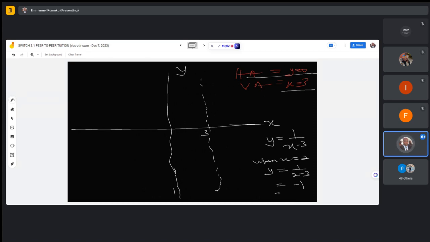So the point is 2, negative 1, not 3, negative 1, since we picked 2. If you want to plot 2, negative 1, probably somewhere here. This tells us that at the left side of our vertical asymptote, the curve must be in this region, not the top.